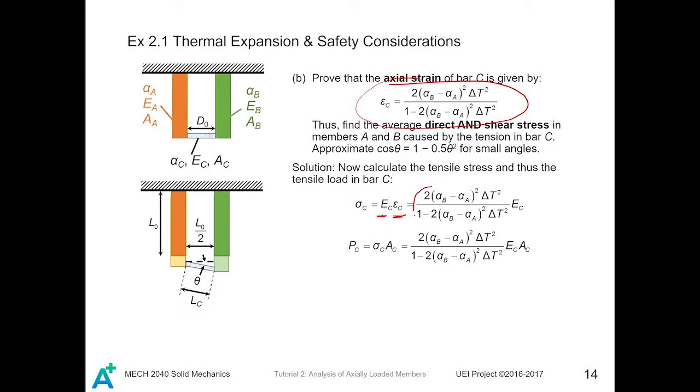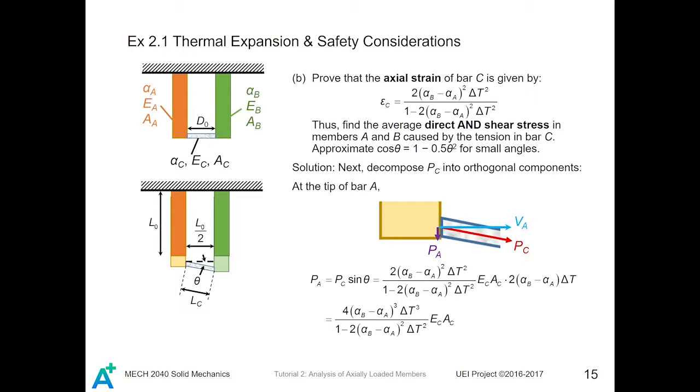So this entire piece of stuff is just the axial strain, epsilon C, and then we multiply it by EC, then it is done. Similarly, for PC, you just multiply the stress by the cross-sectional area. Basically, you just multiply AC to the stress.